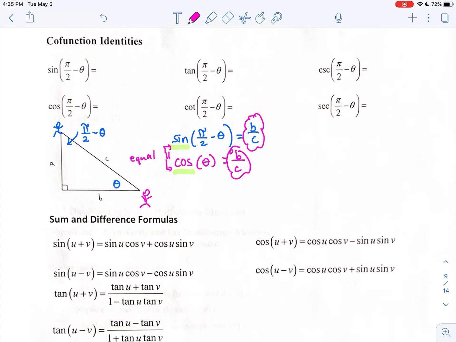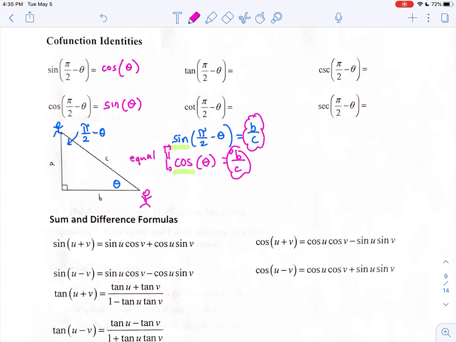So let's fill in our identity. Sine of pi over 2 minus theta is equal to its cofunction of just theta. And then the opposite is also true: cosine of pi over 2 minus theta is equal to sine of theta.